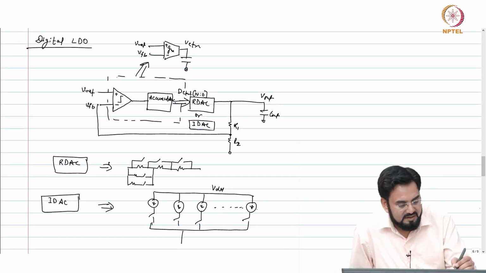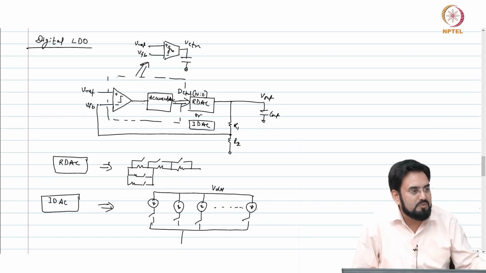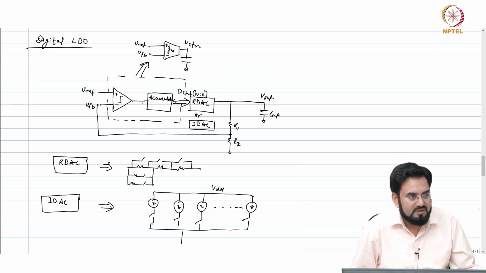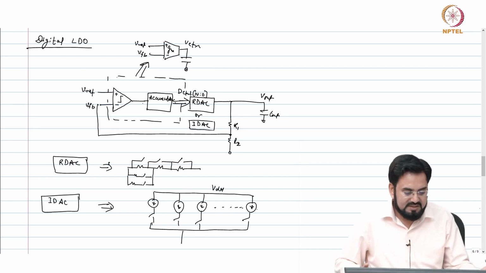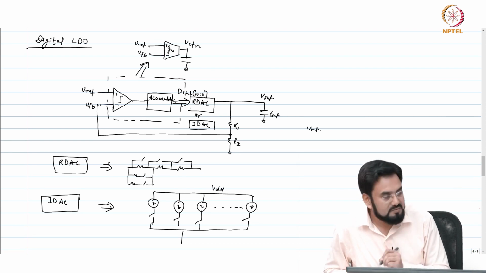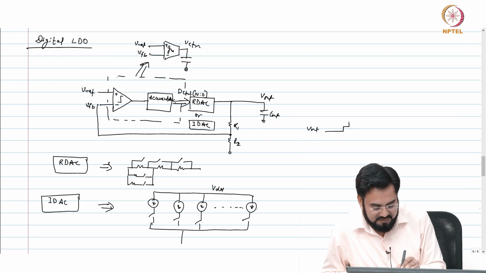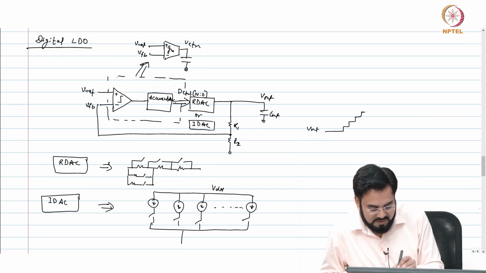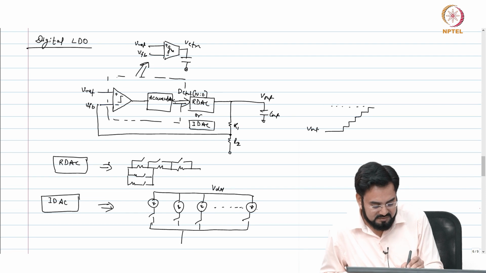So when your VFB becomes VREF, what will happen to the comparator output? Not 0, huh? So what will happen actually? Let's say you are starting with 0, your Vout is starting at 0, and it will keep stepping up, and let's say my VREF is here somewhere.